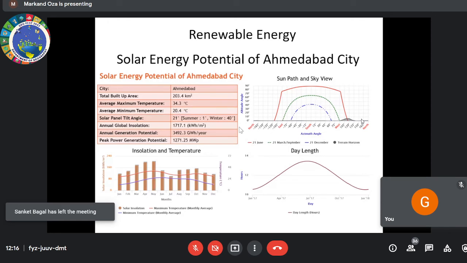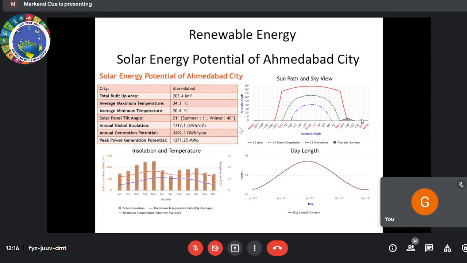For example, this is an example of Ahmedabad city. So in a city, it is built up area. Basically land use land cover classification is done, and only on built up areas, solar panels can be built. Now, in built up areas, you have to see what is the adjoining area.